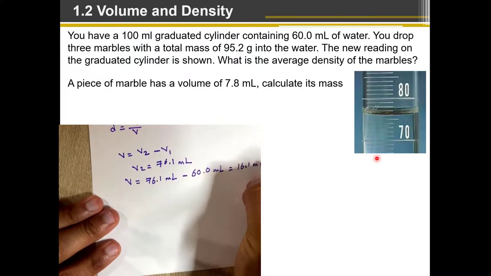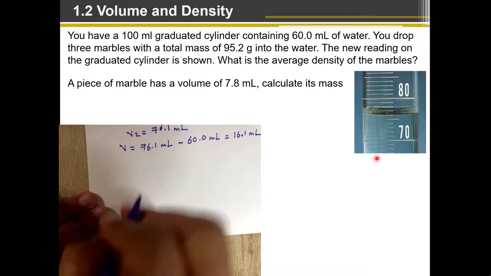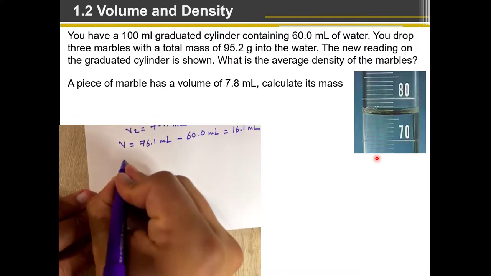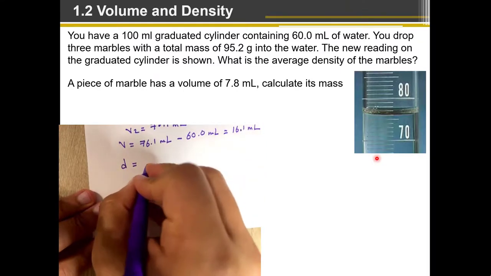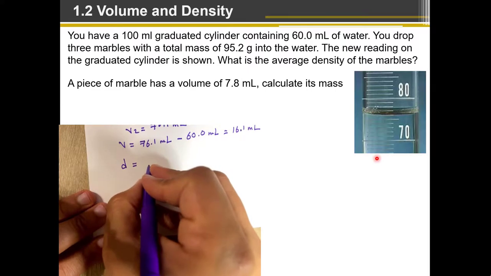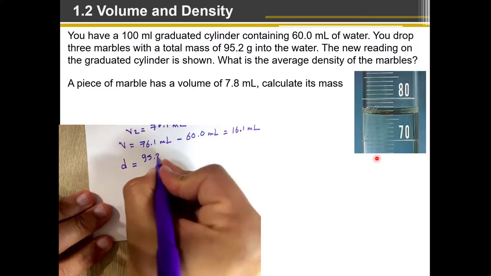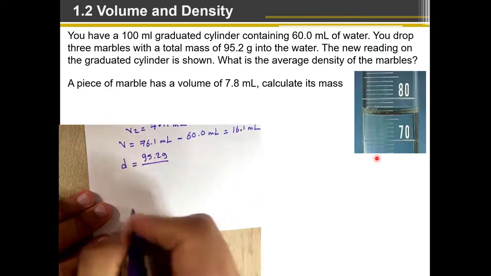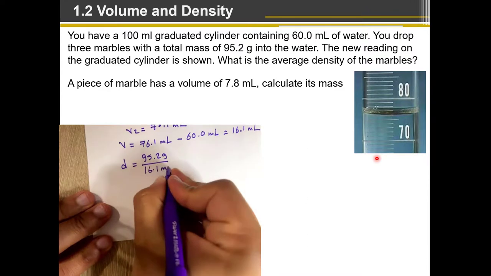which means it equals 16.1 milliliters. Now that we have the volume, we can conveniently calculate the density, because it's going to equal the mass of the marbles given in the statement, which is 95.2 grams, divided by the volume that we calculated, which is 16.1 milliliters.